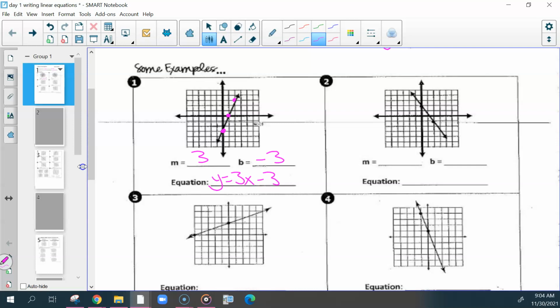Number 2, what is our y-intercept there? 2. And then we just need to find another point that goes through grid lines exactly. It looks like there's a point drawn for us right here, over 2.